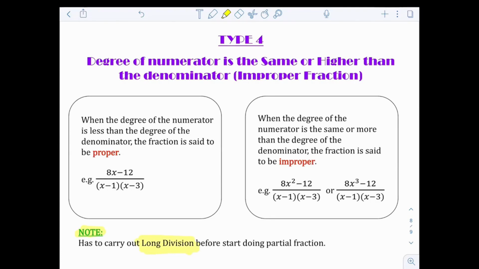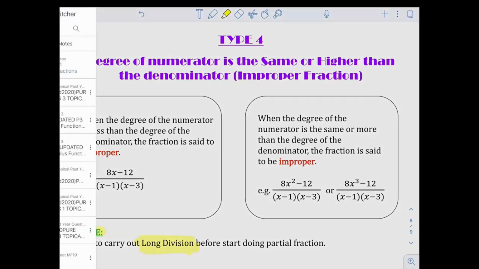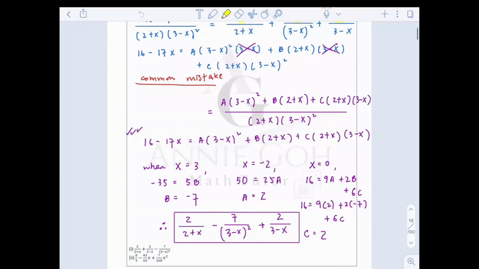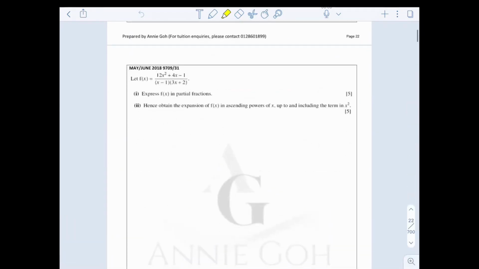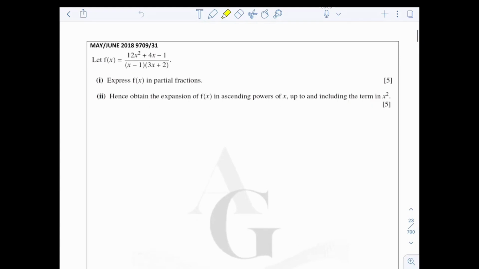Okay, so this is type 4. I'll illustrate further by using a past-year question. Have a look at this question. Part 1, they ask you to express the function in partial fractions. Usually students just look at the denominator.